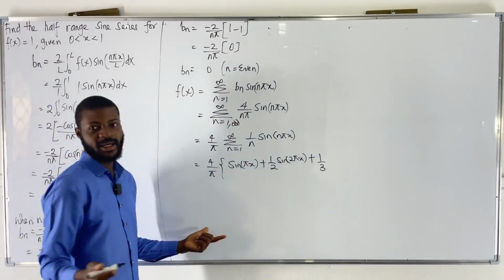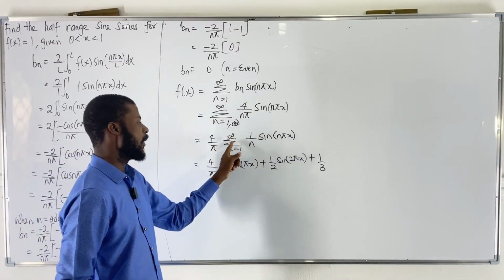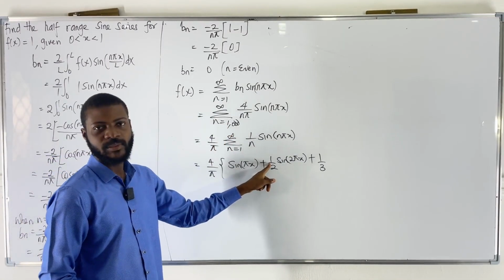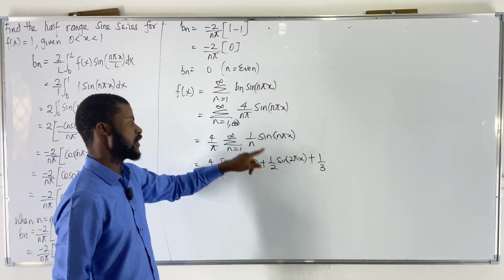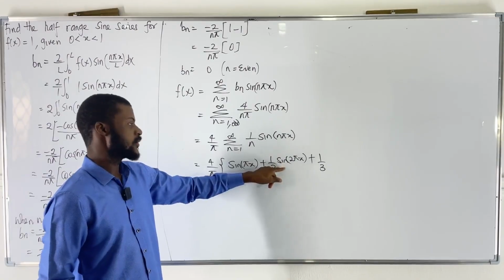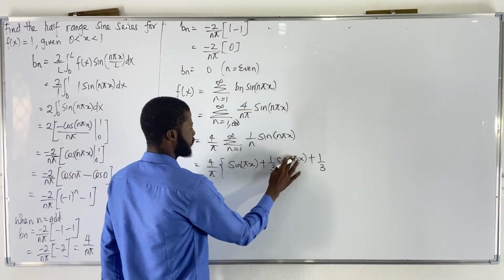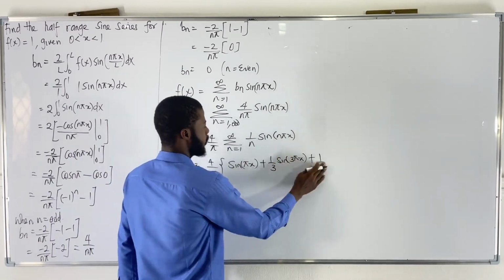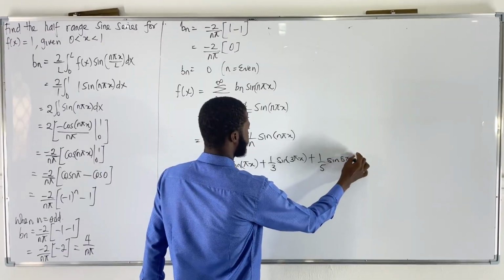Oh, you see, I've just made the same mistake where I said n has to be odd. But as you can see, I've gone to put in 2. But n is not supposed to be 2, because when it's 2, it's even. So there should be no term like this. So this term should instead become 3, 1 over 3.